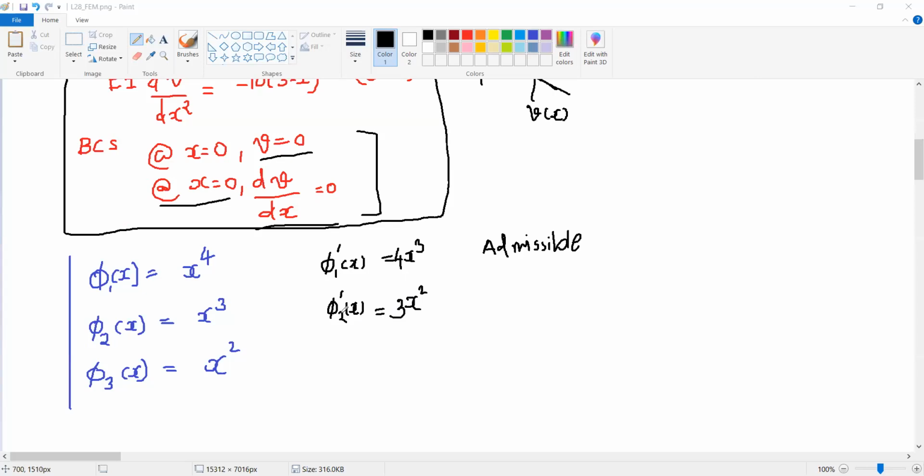So phi2 of x dash is 3x square. Even at x equal to 0, phi2 of x is 0 and phi2 dash of x is 0. Therefore, this is also an admissible trial function.